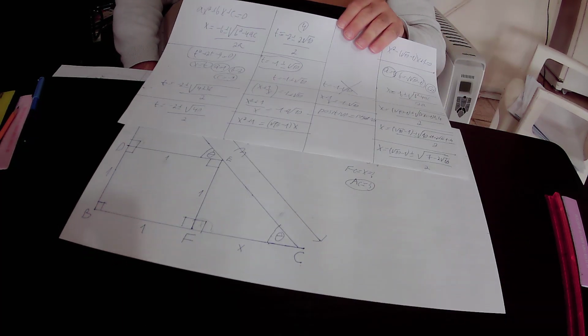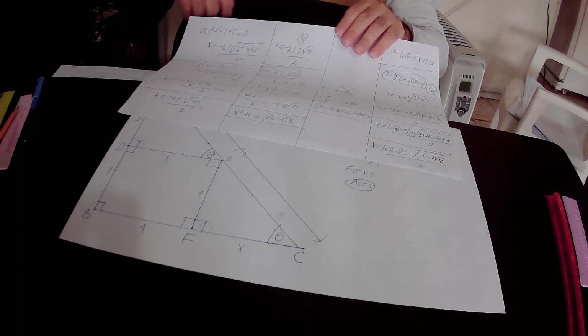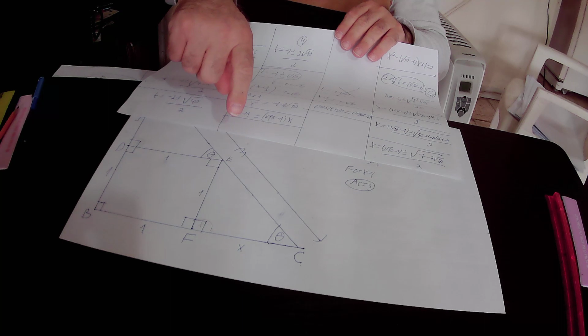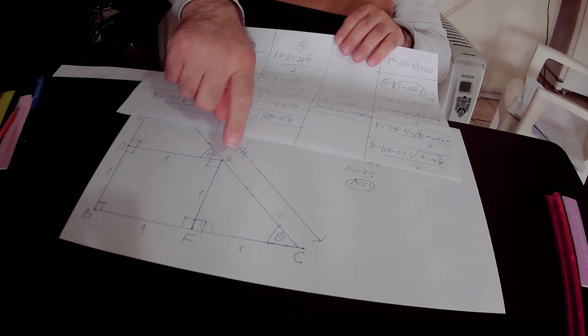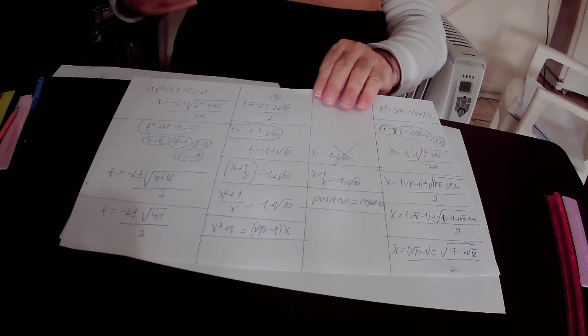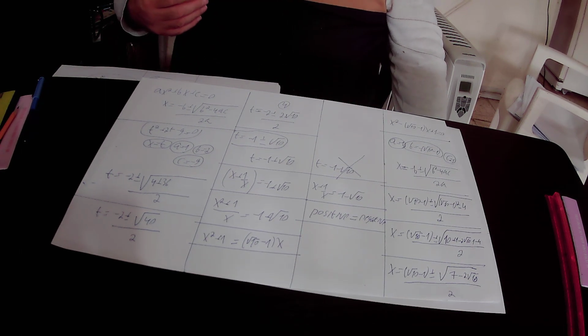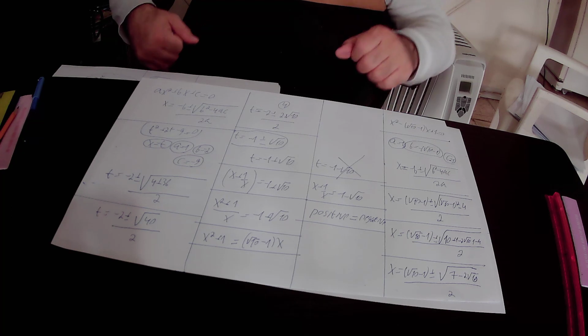But because x is a length, the length of one side of the right triangle AFC, it must be a positive number. 1 over x also must be a positive number, and x plus 1 over x must be a positive number.